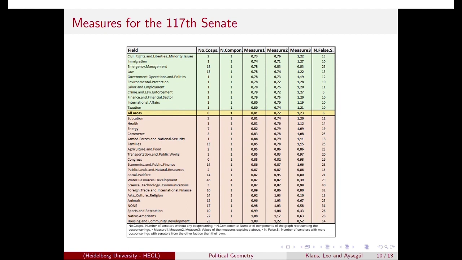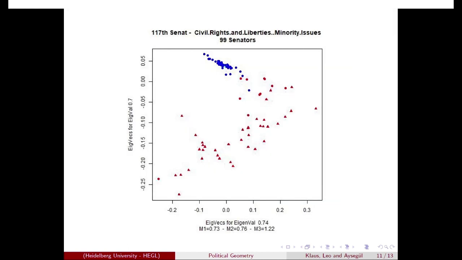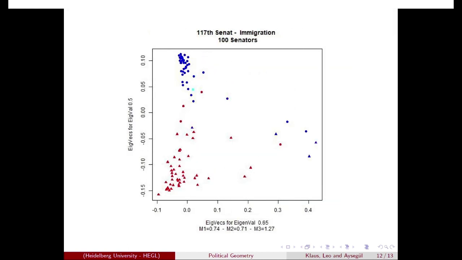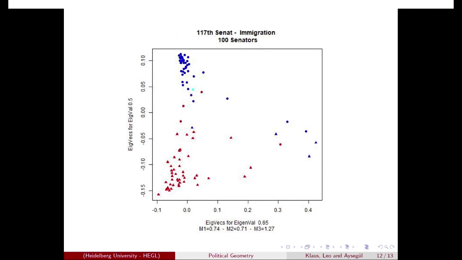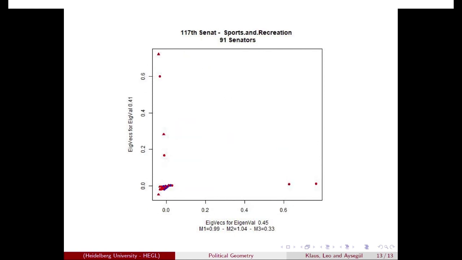And we can make the plots for some different areas too. For example, civil rights and liberties and immigration. As we can see, here we have low measure 1 and low measure 2, so a low level of similarity of the two factions. And in sports and recreation, we have a high value in measure 1 and measure 2, so we have a high level of similarity.